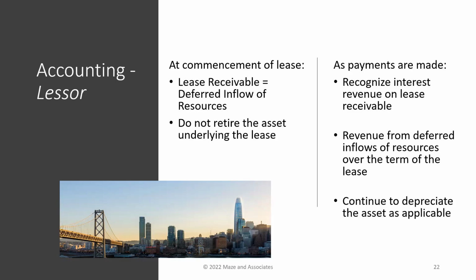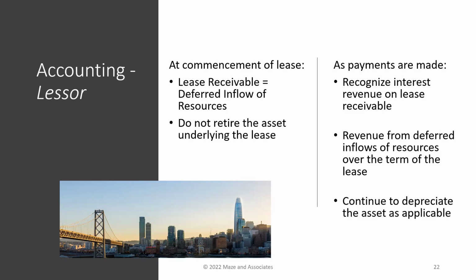One fun fact here for those of you who've been trying to avoid learning about deferred outflows or inflows of resources: you can't anymore, because you have it on the lessor side. You're going to have a lease receivable, and then it's offset with a deferred inflow of resources. Similar to the lessee accounting, those are going to equal each other at the beginning.